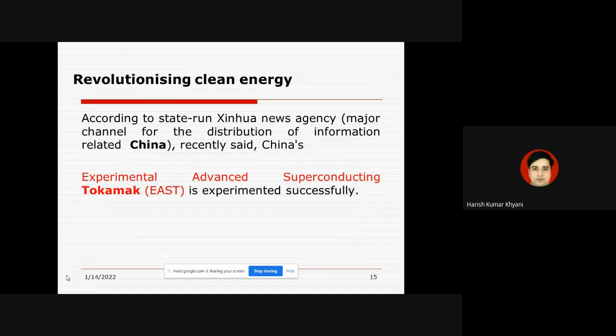According to the state-run Zhonga News Agency, it is a major channel for the distribution of information in China. Recently it said China's Experimental Advanced Superconducting Tokamak, that is EAST, was experimented successfully. Here, what is Tokamak and what they have done exceptionally, we'll see in our next slides.